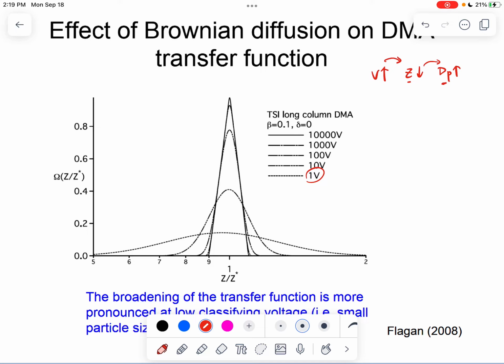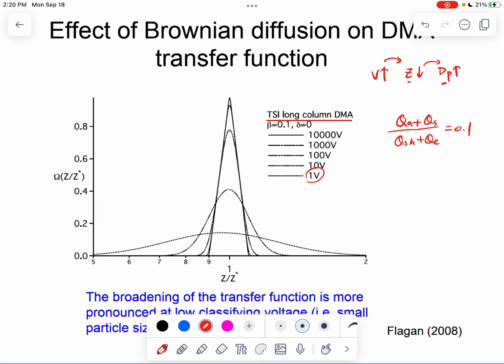For example, when people are using these TSI long DMAs, the long DMA that we disassembled in our last class, and you operate it under beta of 0.1, which means that QA divided by Q sheath, or let's write out the full expression, right? Beta equals 0.1.